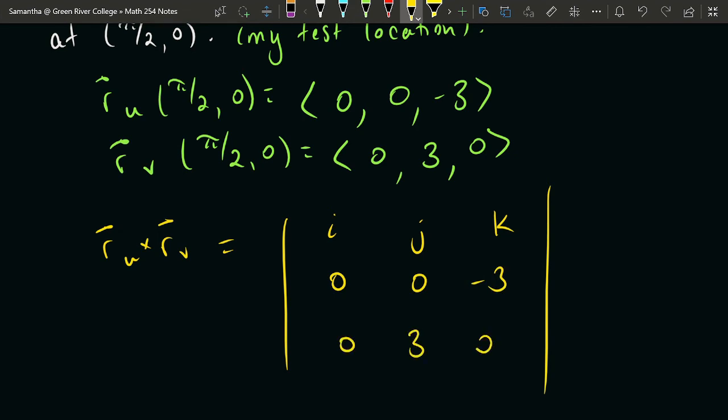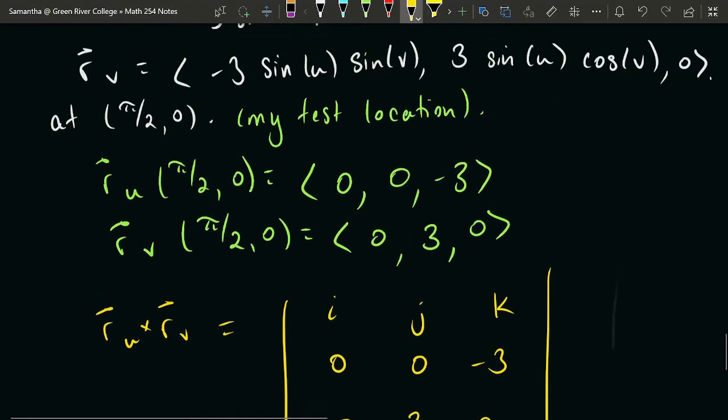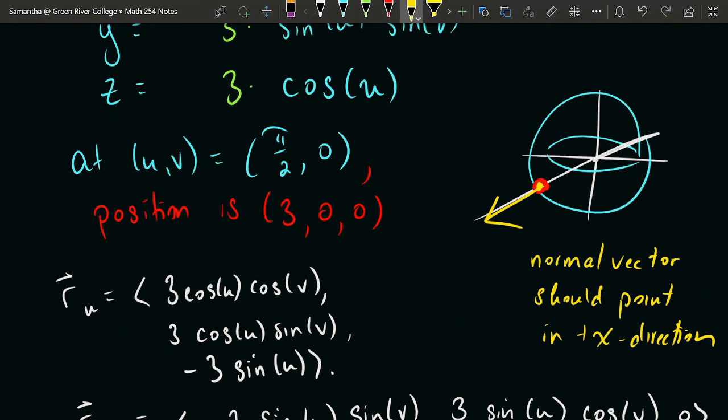Put them in order. So the result of that will be equal to 0 take away 9, positive 9, 0, and 0, which is indeed pointing outward from the sphere at this location. It is indeed pointing in the positive x direction.